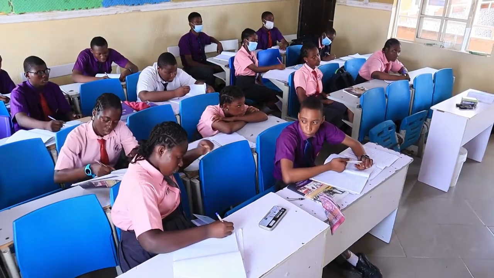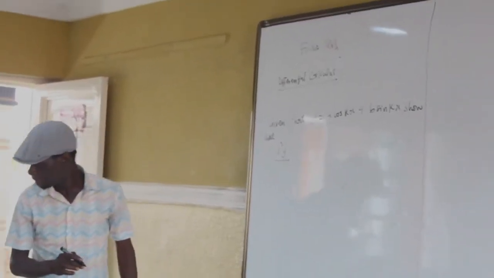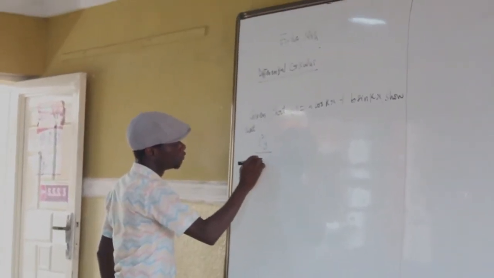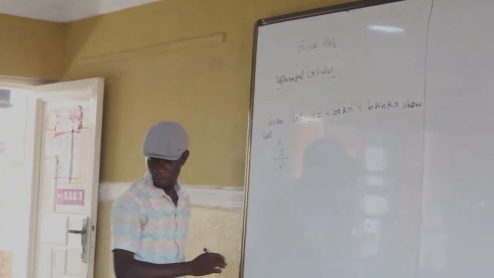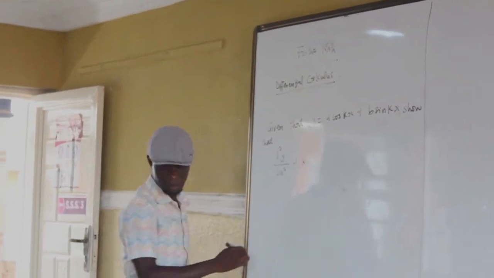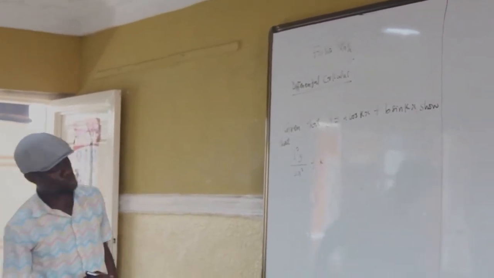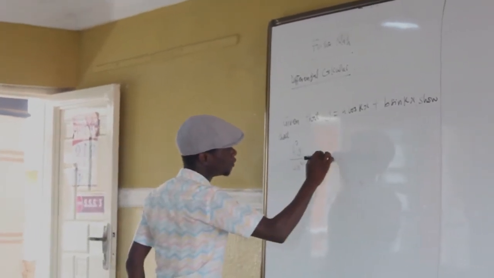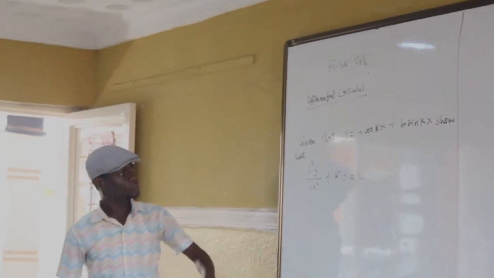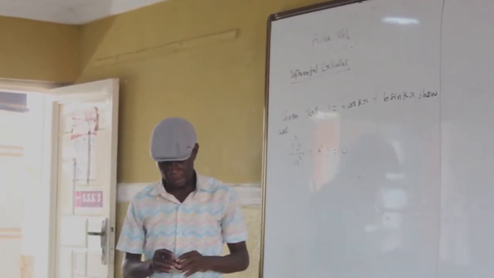Show that d²y/dx² + k²y = 0. This is what they are giving us, and they want us to prove that this is equal to this.